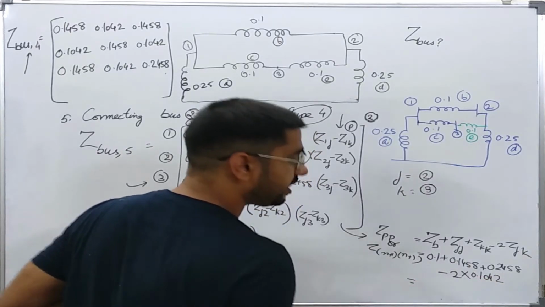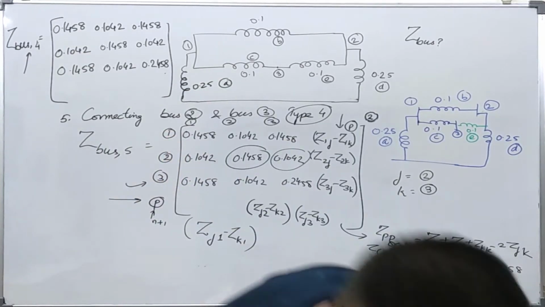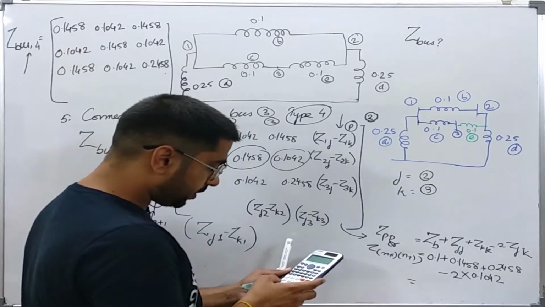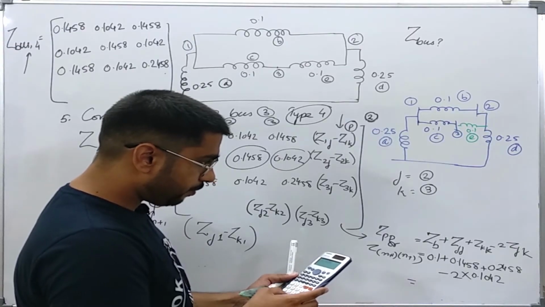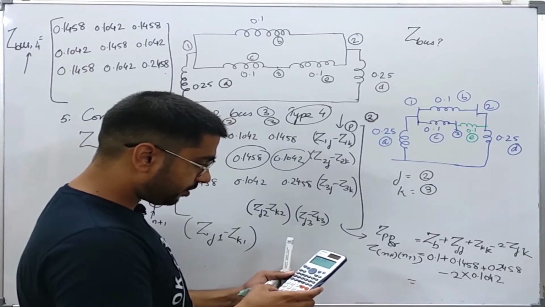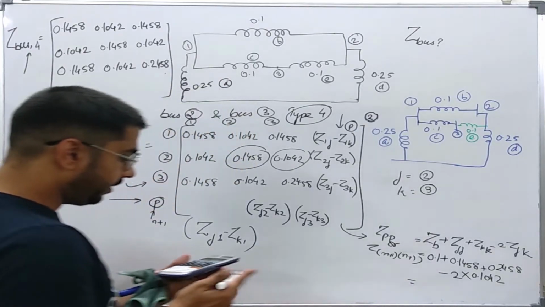Now let me use the calculator to calculate this value. I will calculate 0.1 plus 0.1458 plus 0.2458 minus twice of 0.1042. It comes out to be 0.2832.